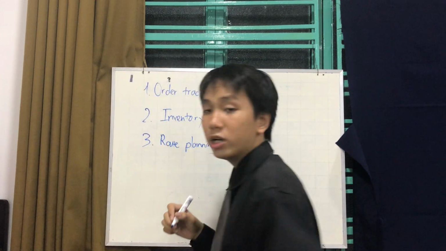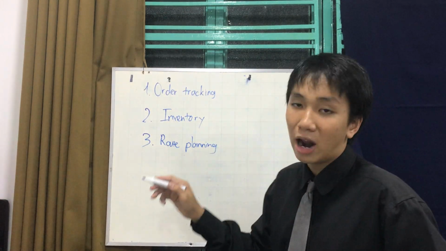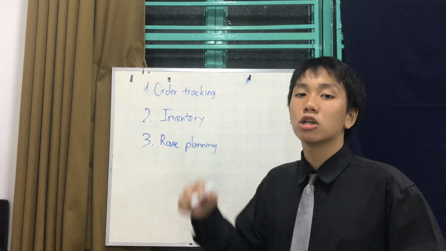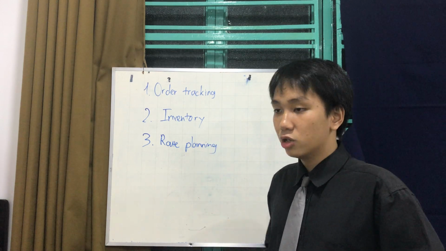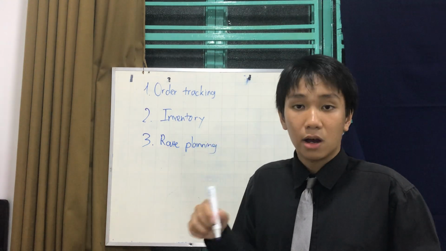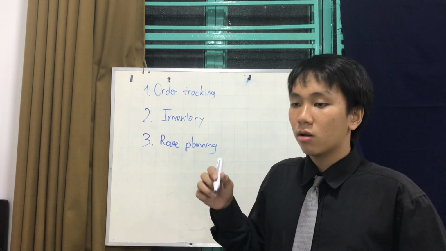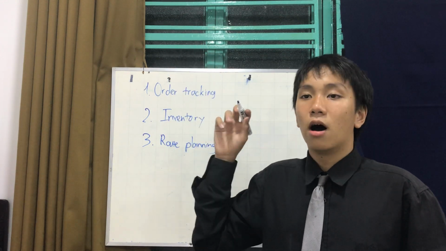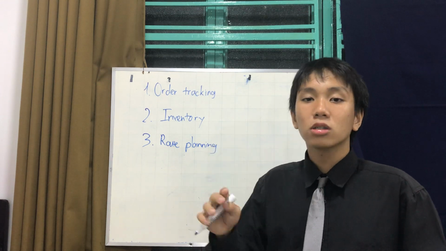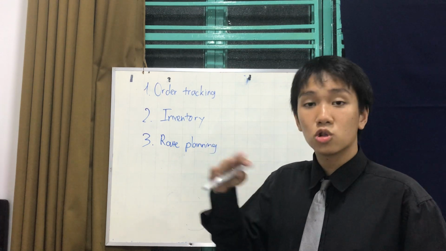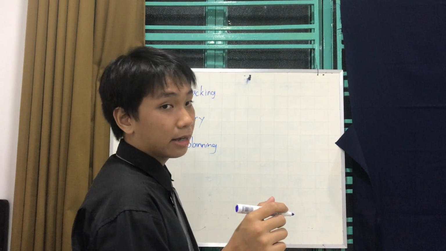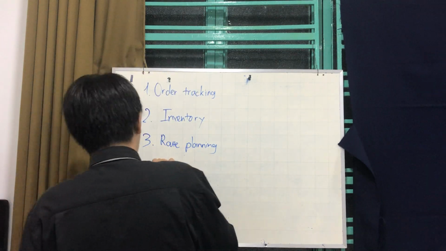Route planning is pretty simple. Just plan the best route for the delivery driver to deliver the package the fastest way. So they may use things like Google Maps, which now has the ability to see if the streets ahead have a traffic crowd, and it will calculate the best and the fastest time for you to travel from place to place. So for route planning, you may use Google Maps or APIs or, in fact, AI, artificial intelligence.